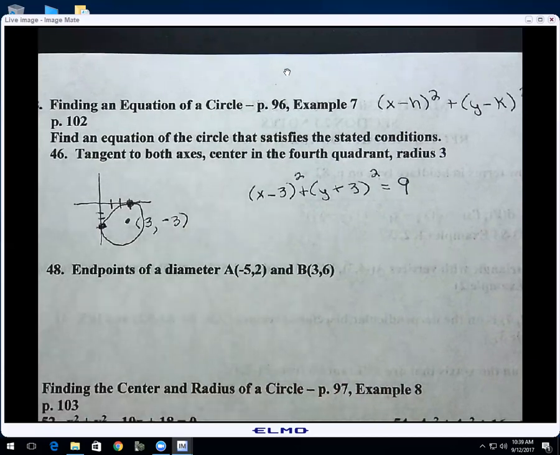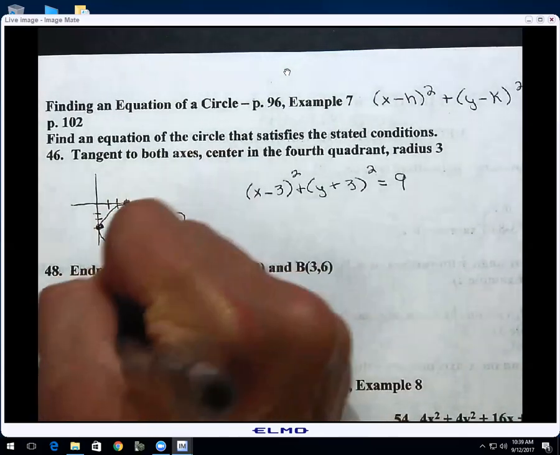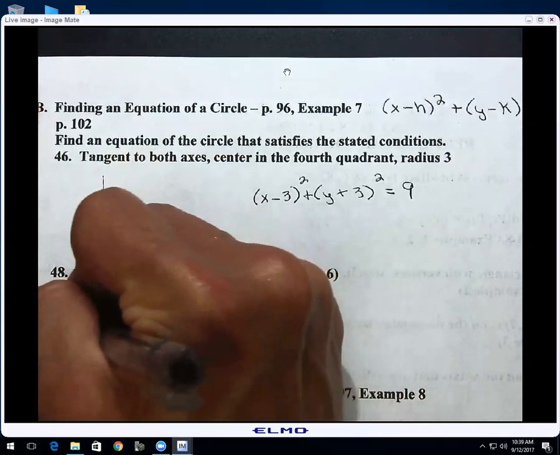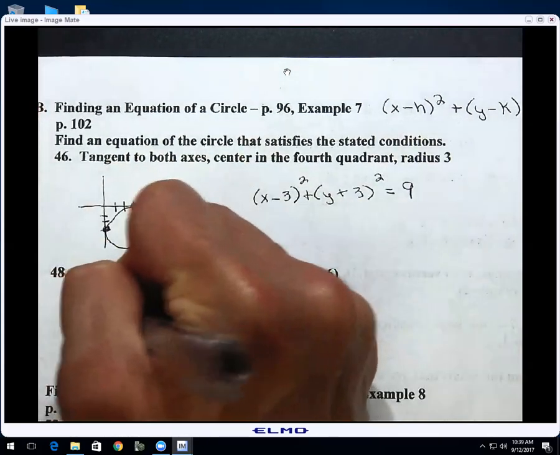What about number 48? All I'm given is the endpoints of a diameter, and that doesn't fit anywhere in the equation of the circle. A is negative 5, 2.